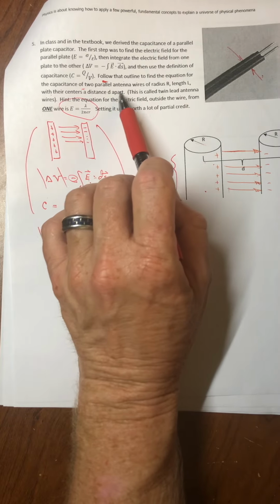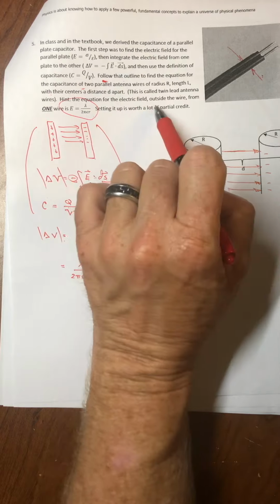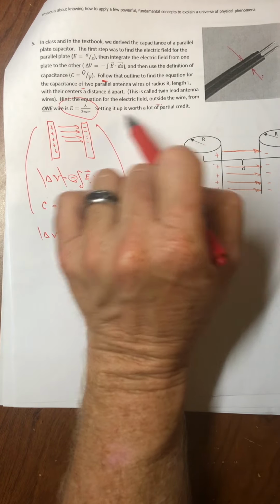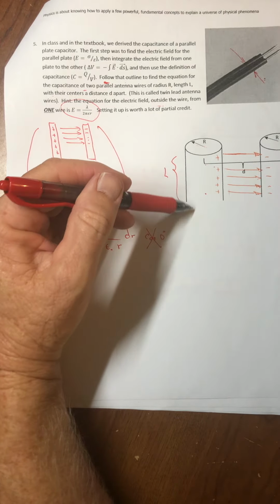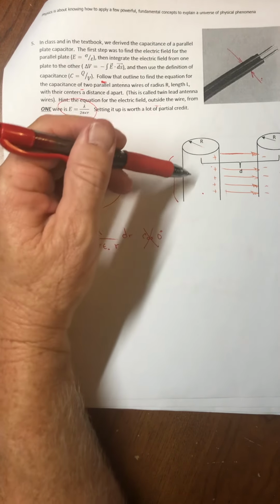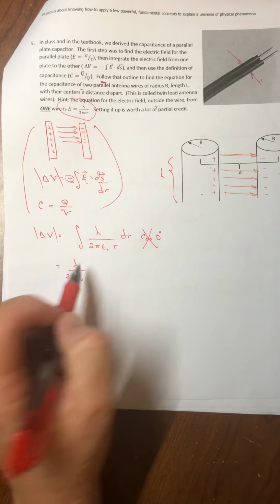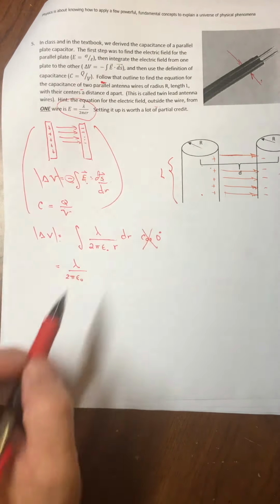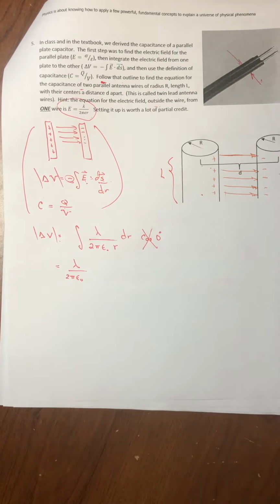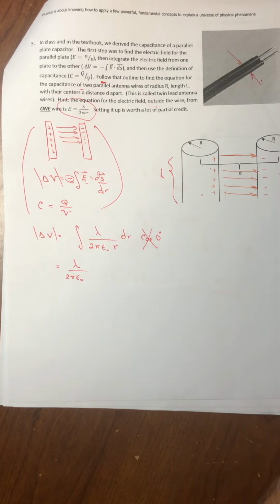It probably should be a little clearer in here that the charge will spread out evenly up and down. There's no reason that it's going to prefer one way over another. And so the charge per length along this direction is the same and uniform, so I can pull it in front.